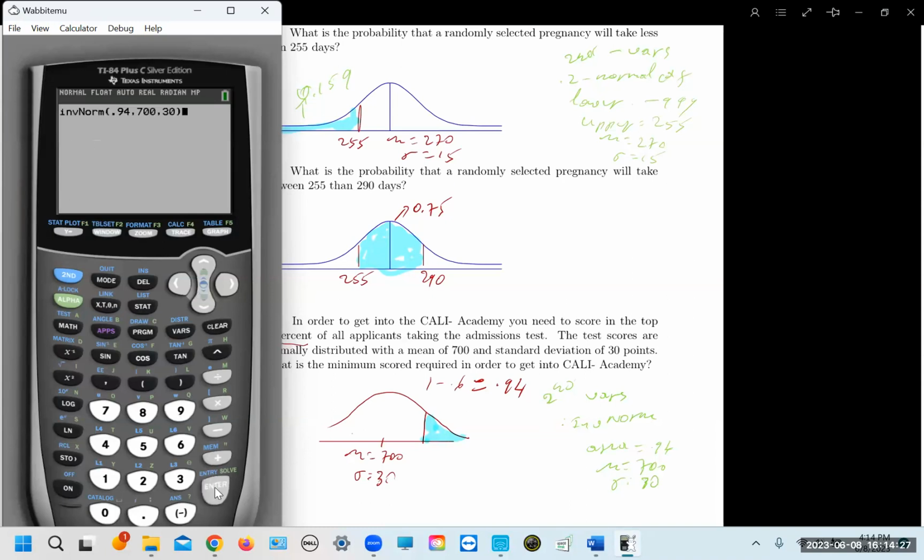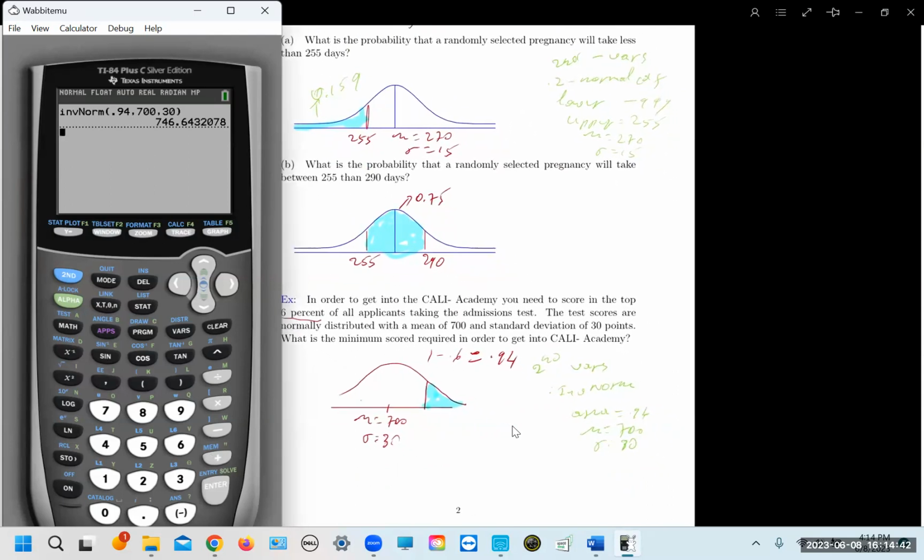So we can go like this, and this one is approximately, what is the minimum score?